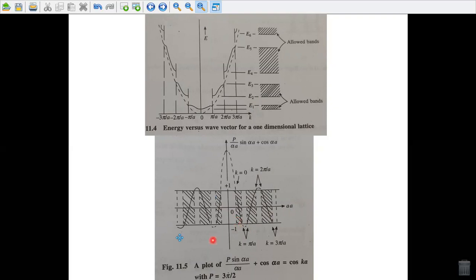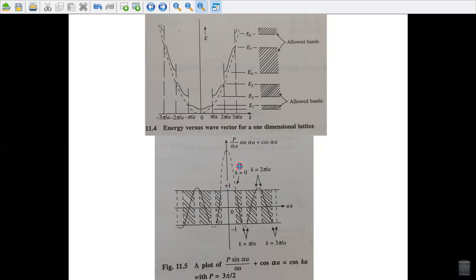For further understanding, let us look at the influence of P on the energy spectrum. The quantity P is known to be the measure of the potential barrier strength, right? So if P is large, it means the potential barrier V0 b is large.